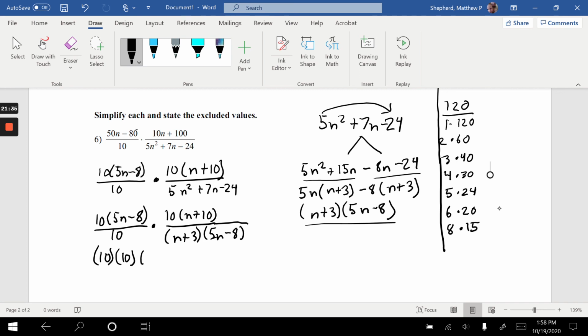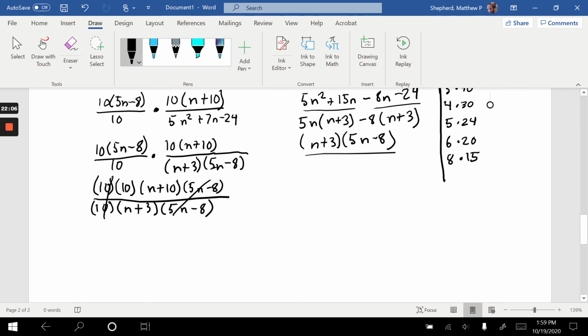Then I'll put the n plus 10 and the 5n minus 8 all over the 10 on the bottom, times an n plus 3, times a 5n minus 8. So 10 over 10 is 1, and 5n minus 8 over 5n minus 8 equals 1. So that simplifies to 10 times n plus 10, all over n plus 3.